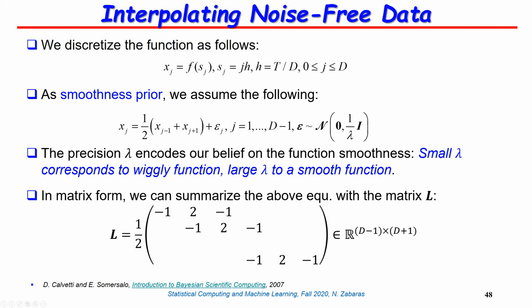So this matrix L is of dimension d minus 1 times d plus 1, because this equation can be written for d minus 1 points, but the total number of x values is actually d plus 1, including the points at j equal to 0 and j equal to d. Again, this matrix L is of dimensions d minus 1 times d plus 1. So it's not a square matrix, because I can only write the smoothness assumption for d minus 1 points.